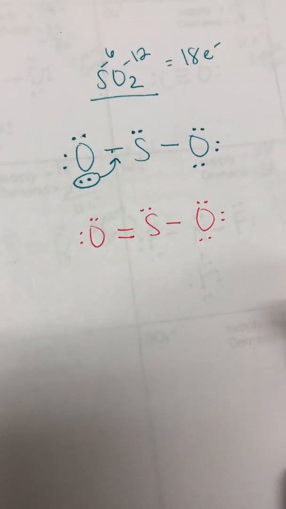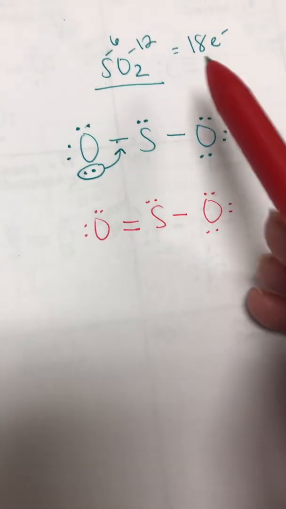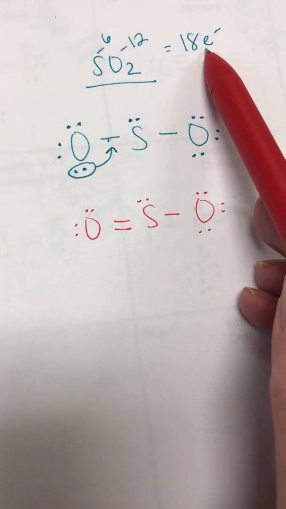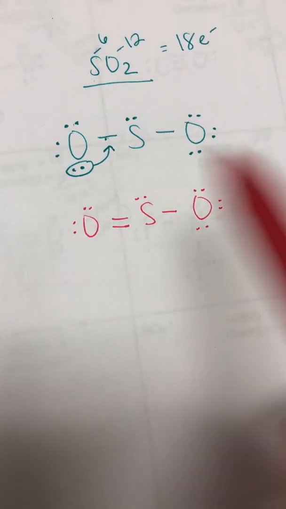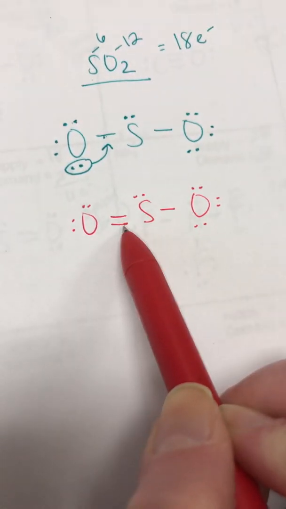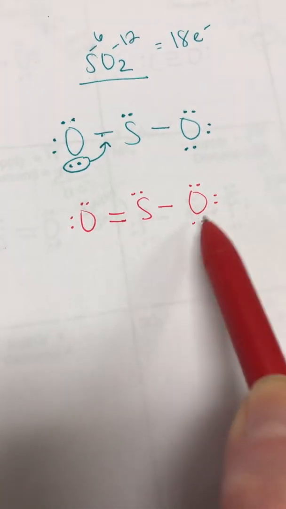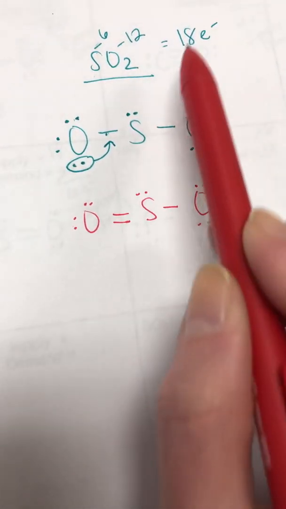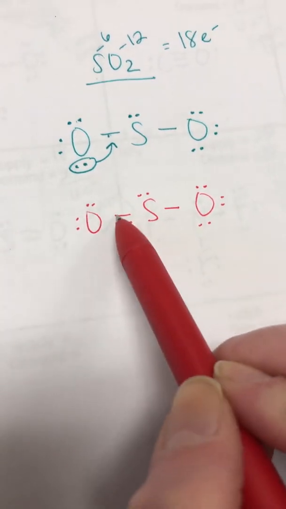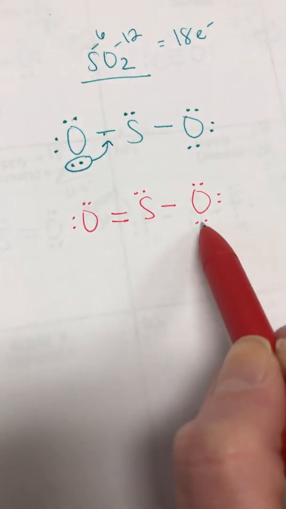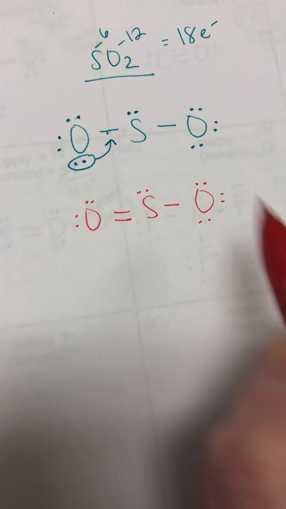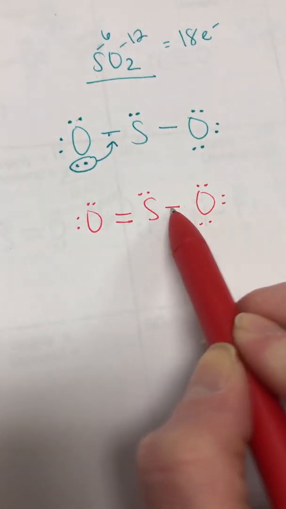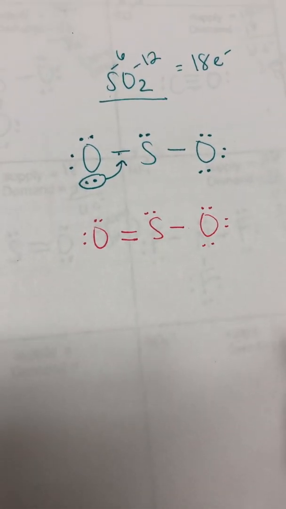And I need to double check to make sure everything has 8 and I have my full number of supply here and I don't have extras. So 2, 4, 6, 8, 10, 12, 14, 16, 18. So that gives me my 18. 2, 4, 6, 8, that oxygen's good. 2, 4, 6, 8, this oxygen is good. 2, 4, 6, 8, and the sulfur is now good.